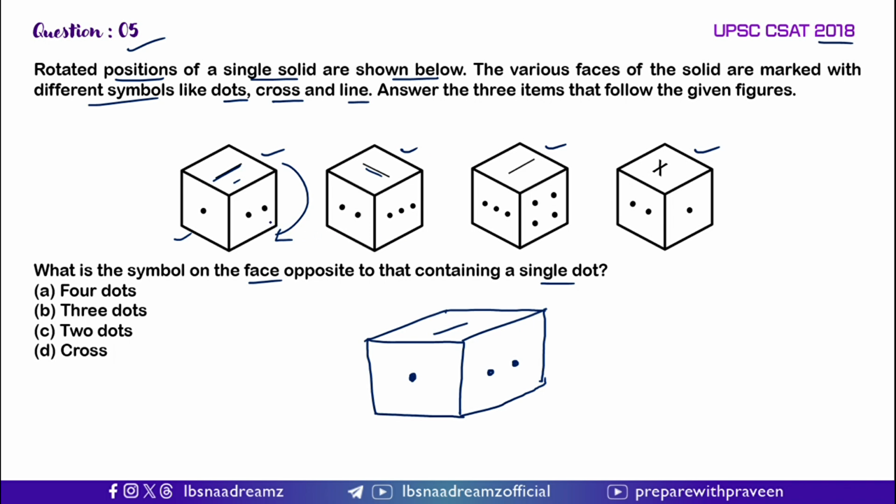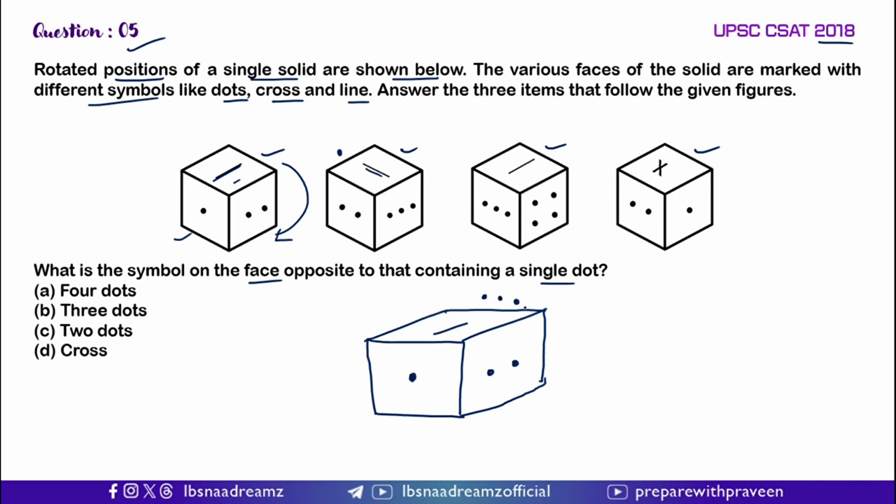So 2 and 3, 1 will go here. Okay, so in the second image 1 will be here, 1 dot, and opposite to 1 dot 3 dots are there. So we can draw 3 dots here, which will be in the back side.